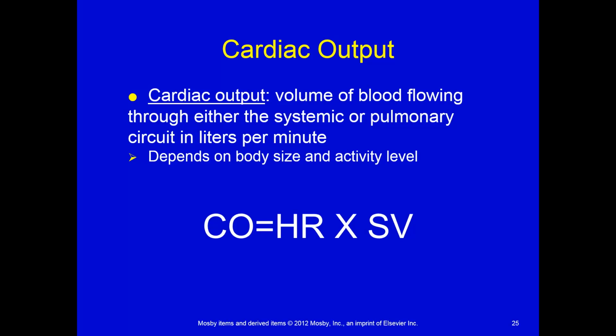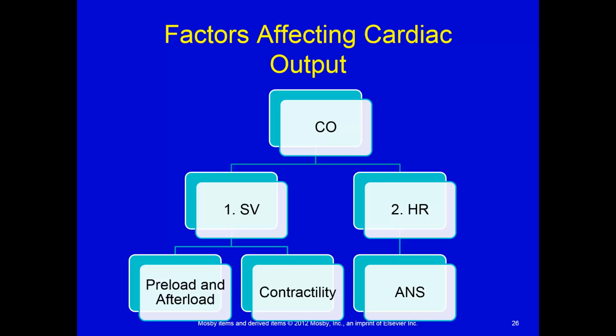That's what cardiac output is. It's the relationship and the combination of how well the heart's beating and how fast the heart's beating. That's cardiac output. Now, clinically speaking, there are things that impact that for our patients.